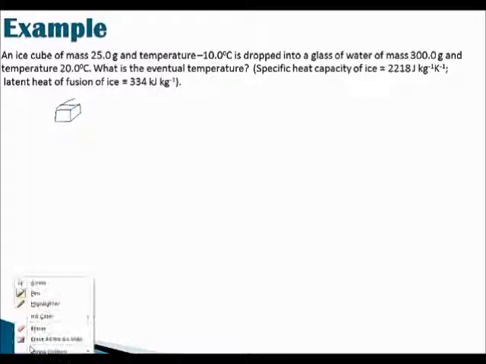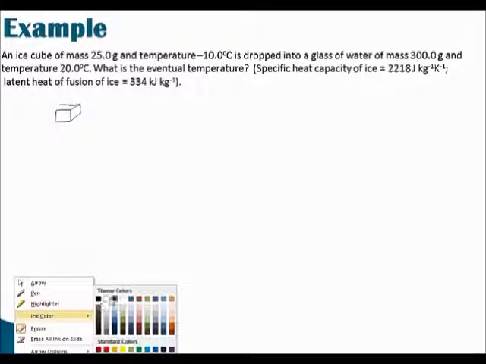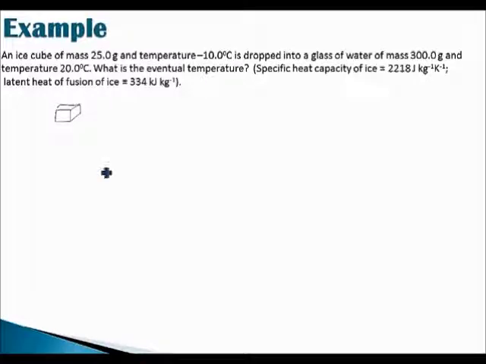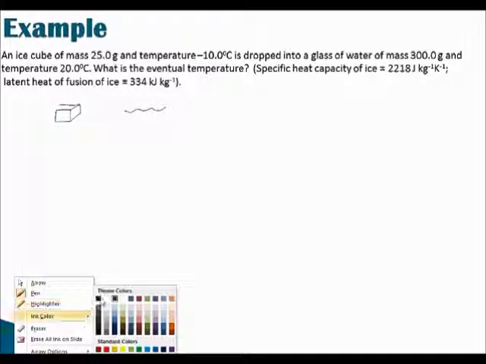I'll put my artistry to work and I'll erase some of this. Okay, so the ice cube has a certain temperature. Now, part of this we're going to need specific heat capacity, and for part of this we're going to need to use specific latent heat. So we're going to have to use both.